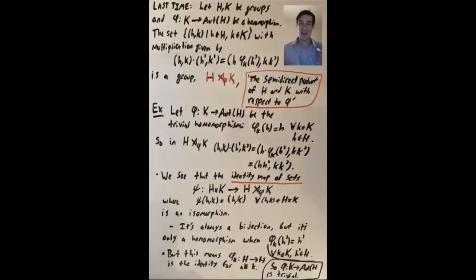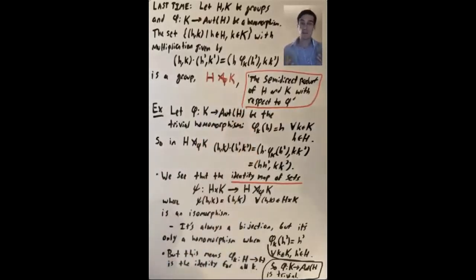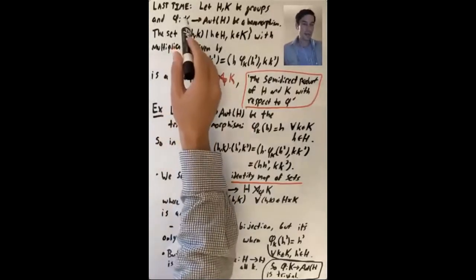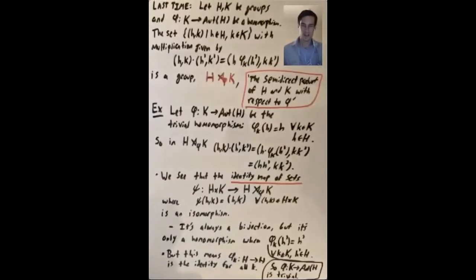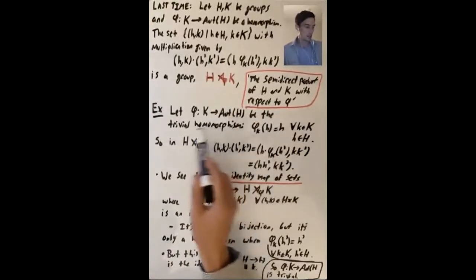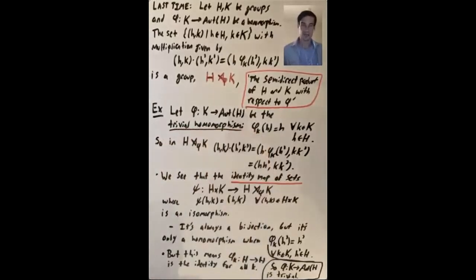Okay, so now we saw at the very end of the last lecture some examples of semidirect products, and we're going to see a lot more in this lecture. One that you can always take is, there's always one nice way to write down a homomorphism from K to the automorphism group of H, no matter what H and K are, which is just take the trivial homomorphism. So what does that mean?